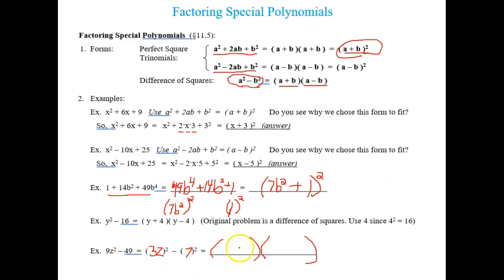So my a is 3z here. So I'll have 3z plus the b. Well, the b is 7, so 3z plus 7. And then 3z minus 7. Right? So that's the final factoring there. It's a difference of squares.